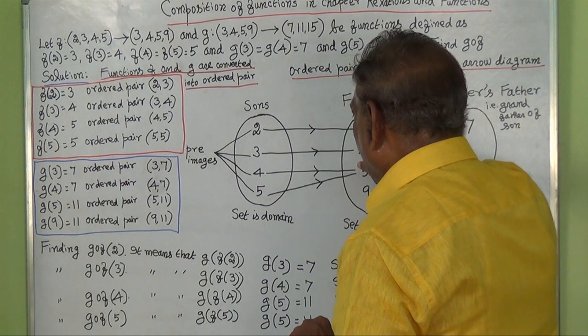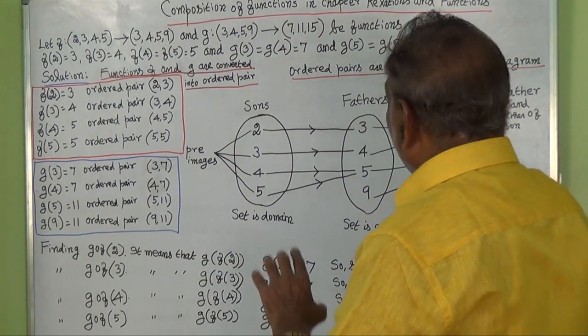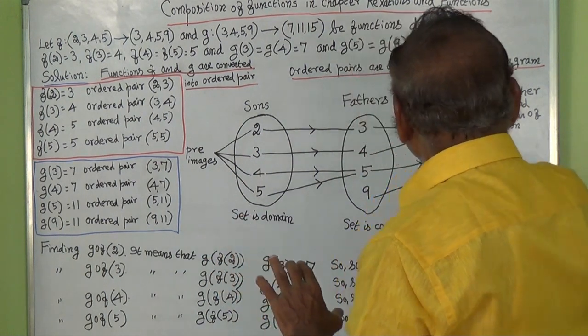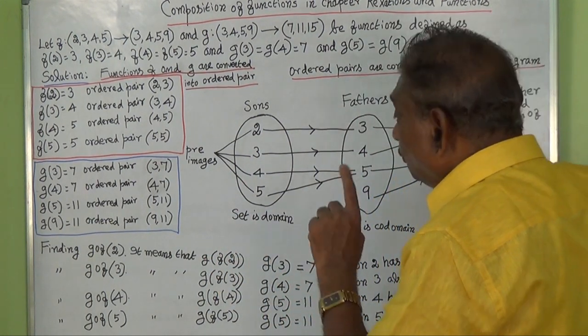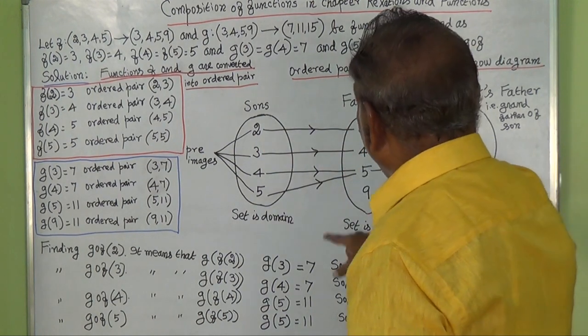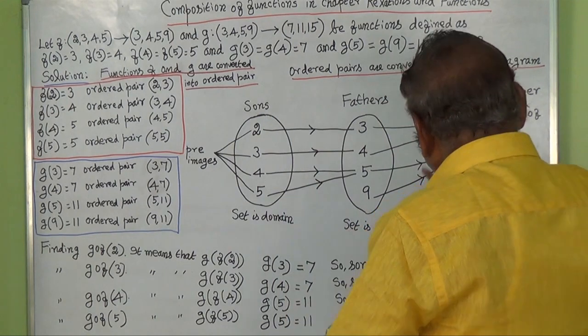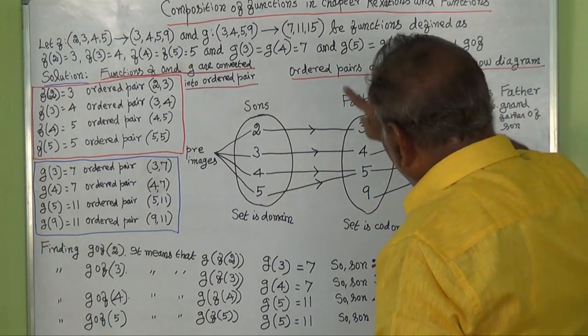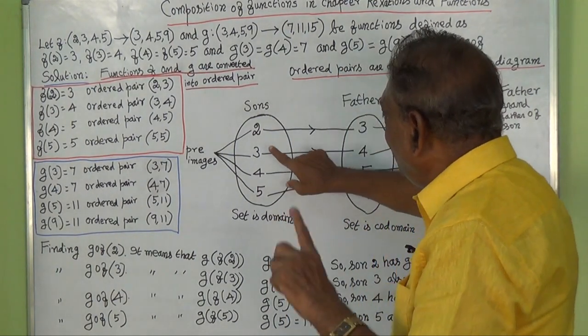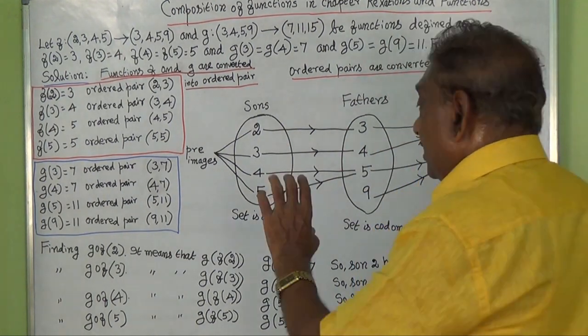Son 2 is related to 3, and then 3 is related to 7. Thereby we are getting the grandfather of son 2. The son 3 is related to the father 4, and the father is related to his father 7. Thereby the son 3 is getting the grandfather as 7.